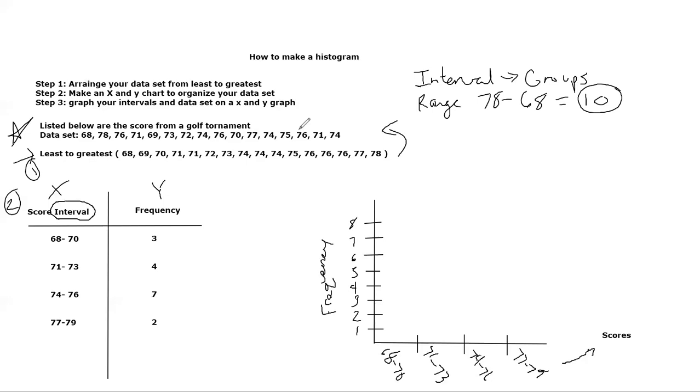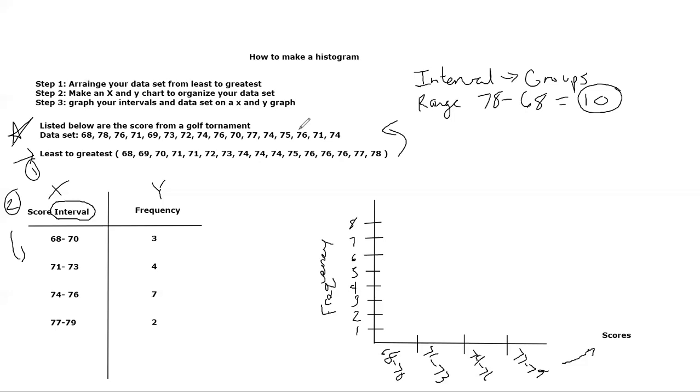Well, if you notice here on my chart, I have a couple of different groups. I need to rearrange this range of 10 into sections. I know that I have 10 numbers in between my smallest number and my largest number. Now, some of those numbers are repeated, sure, and that's what the frequency is for, but I need to know how many groups.